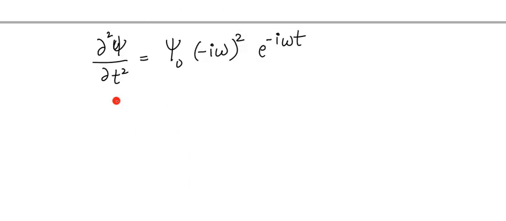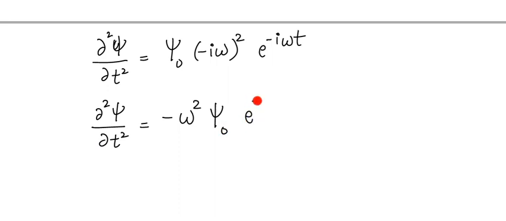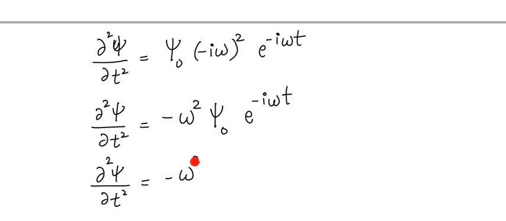Minus squared means plus, and i square means minus, so it is minus omega square psi naught e to the power minus i omega t. This implies del square psi by del t square is equal to minus omega square psi, which is psi(r,t).